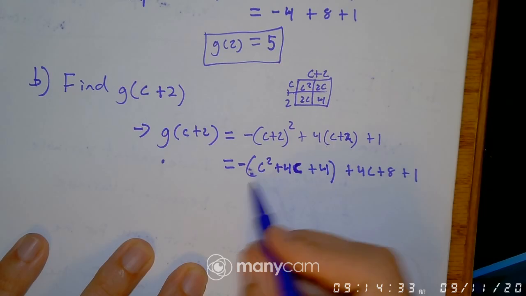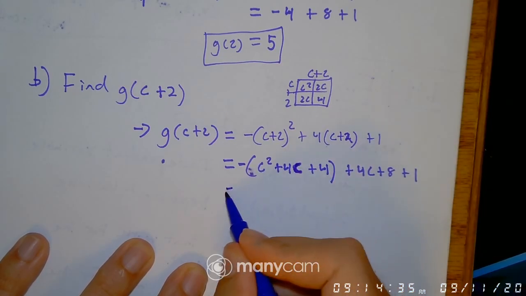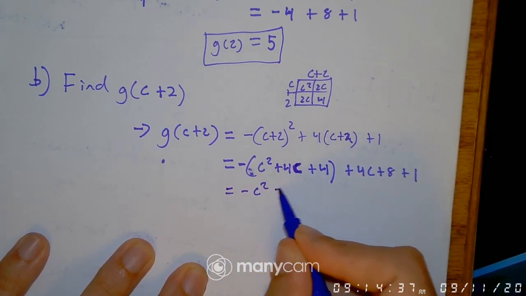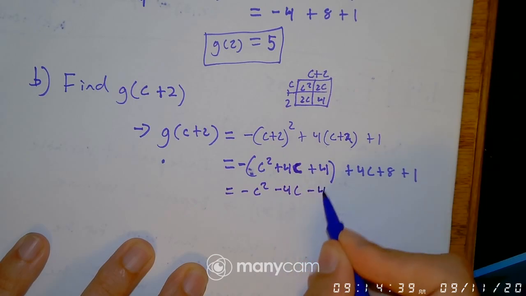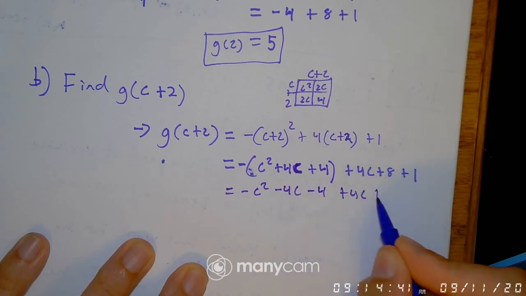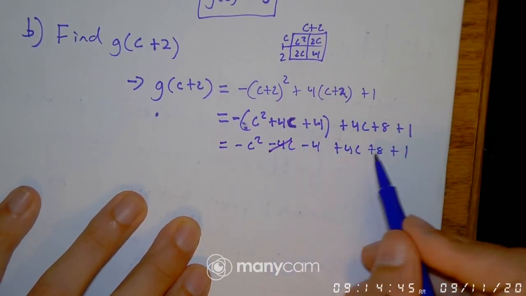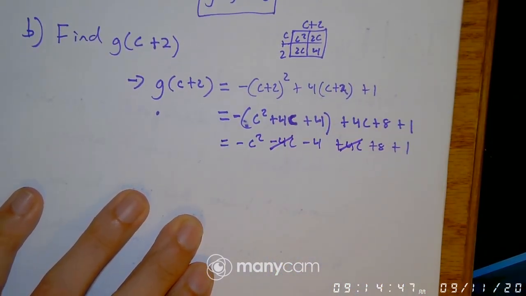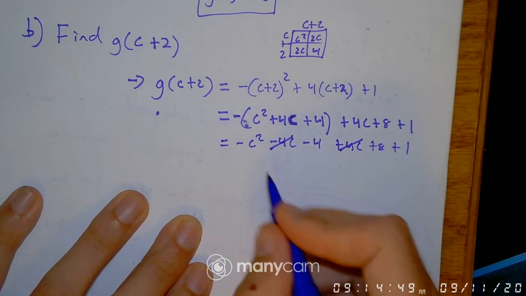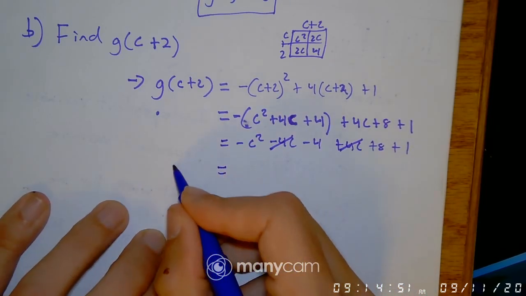All right. So now I'm going to distribute. And then I'm going to combine terms. So I got a negative 4c and a 4c. And then, so what am I going to be left with?